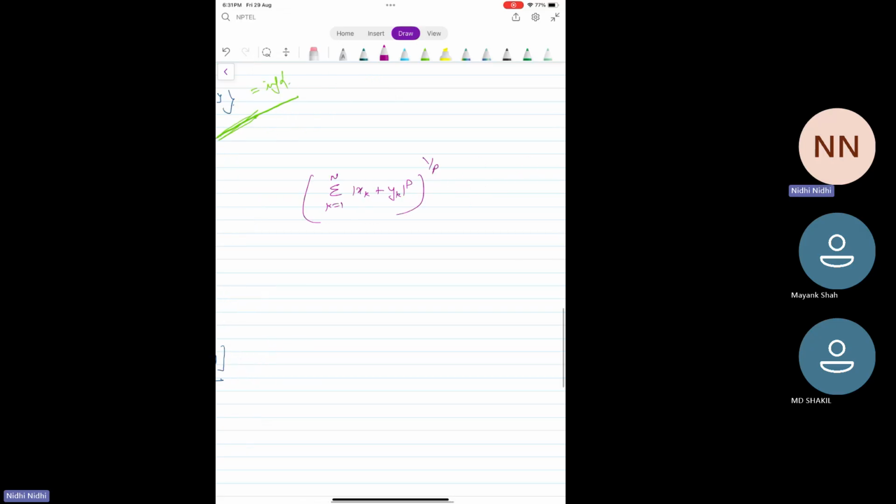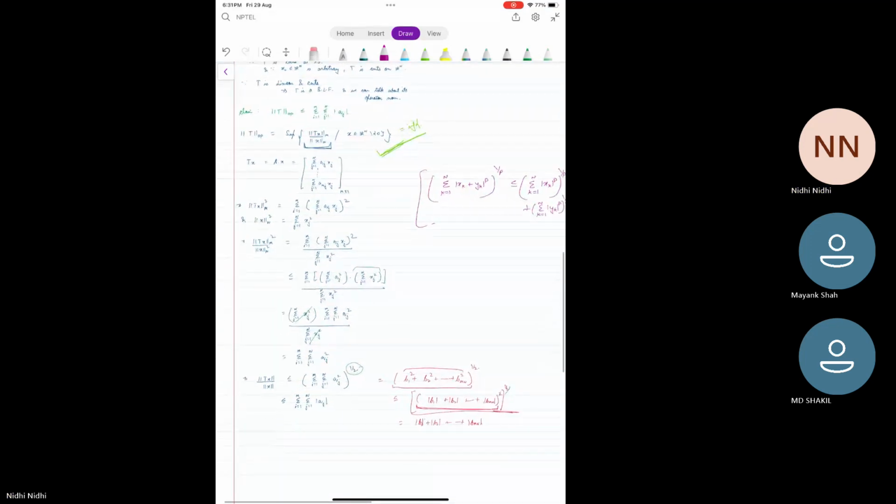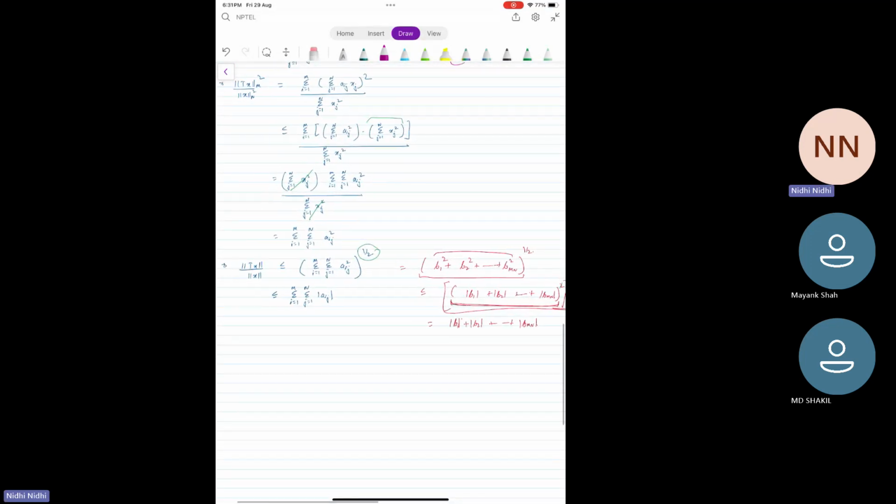It helps us get the triangle inequality form. This was Minkowski inequality, which is something different. Here we can use this fact using the binomial expansion.